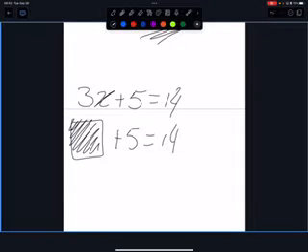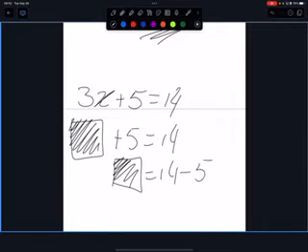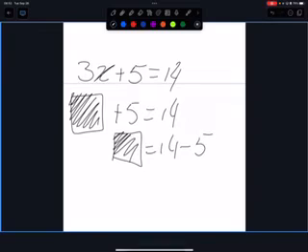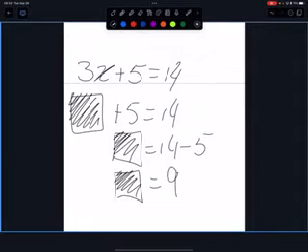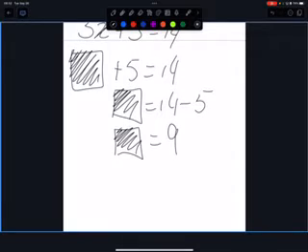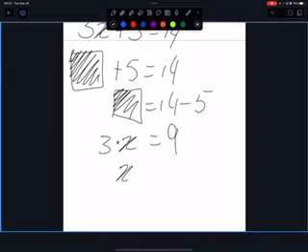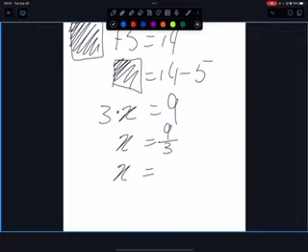So how do I get to that boxed number? It's 14 minus 5. That is easy. So this item is worth 9. And then we remove that item and say, well, actually it's 3x. 3 multiplied by a number equals 9. How do you get to that number? You divide, and then the answer is 3.